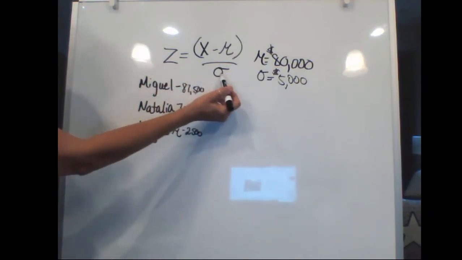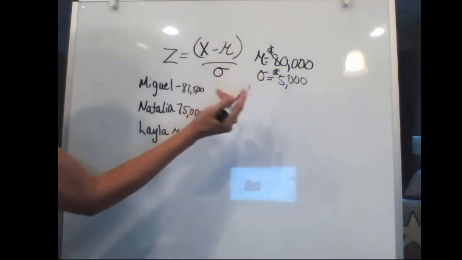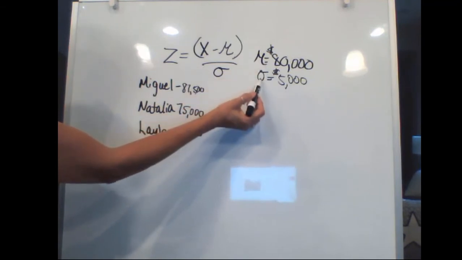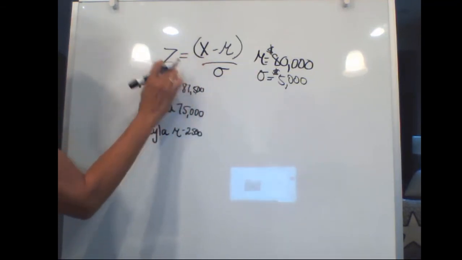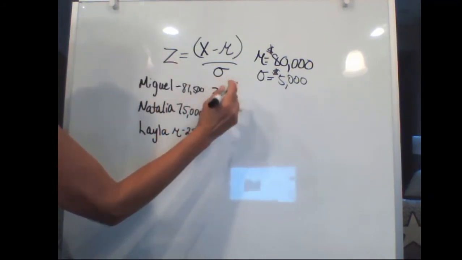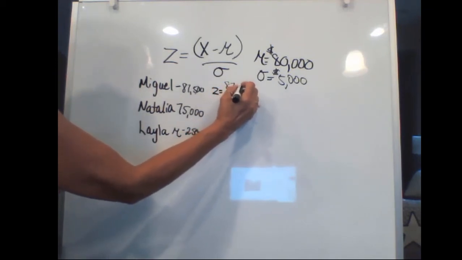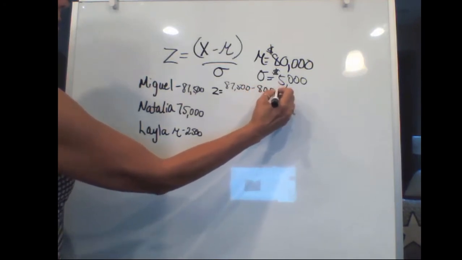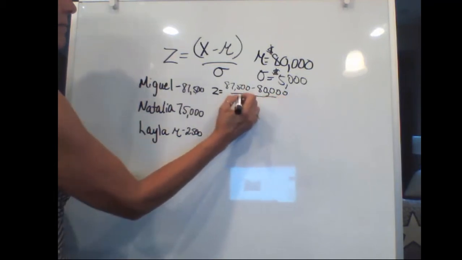I have the formula for a z-score here. We're going back to using the population numbers. Don't worry about that. Then we have a mean of 80,000 and a standard deviation of 5,000. So I'm going to just plug this in. I don't know the z, and that's what I need to know. For Miguel, the z is going to be equal to his salary, $87,500, minus the total mean of 80,000, divided by 5,000.